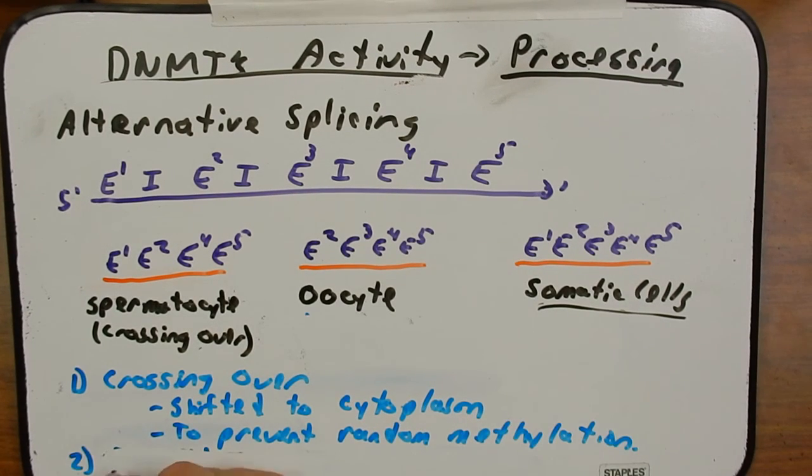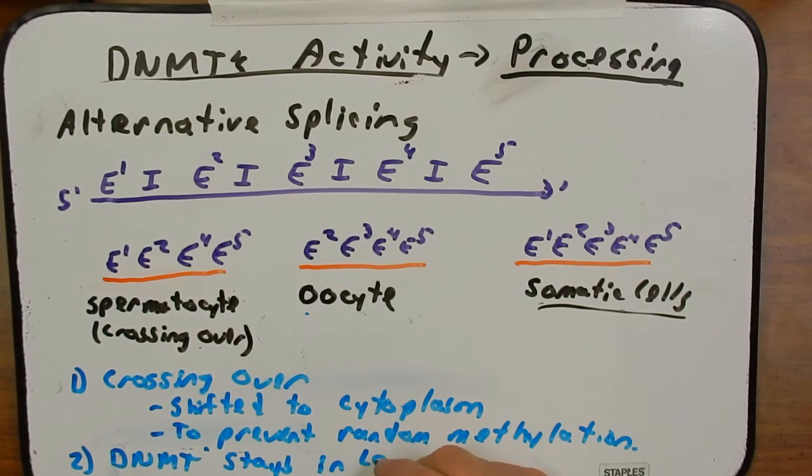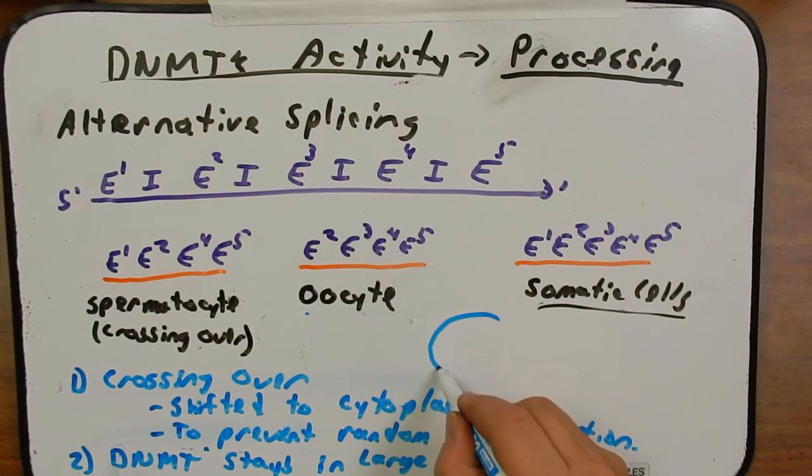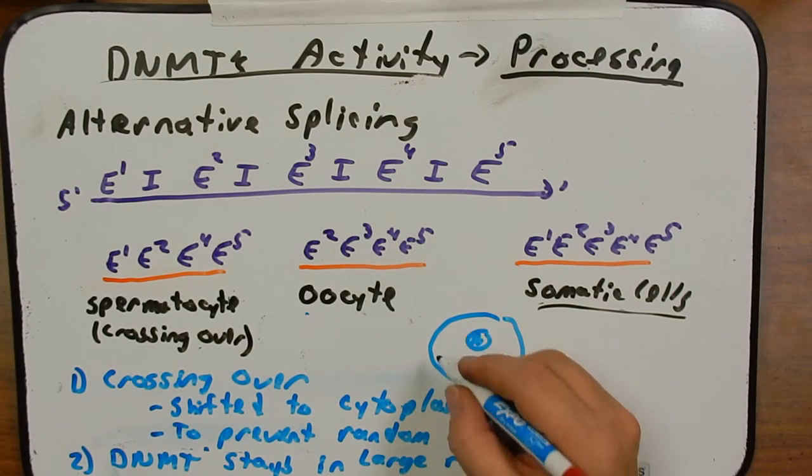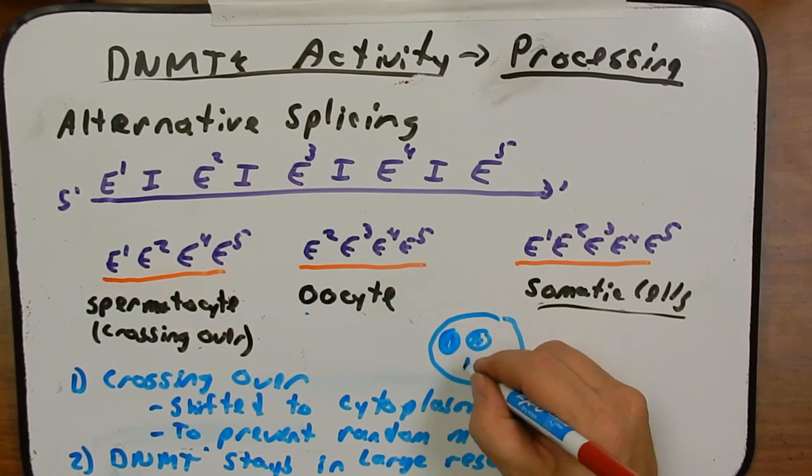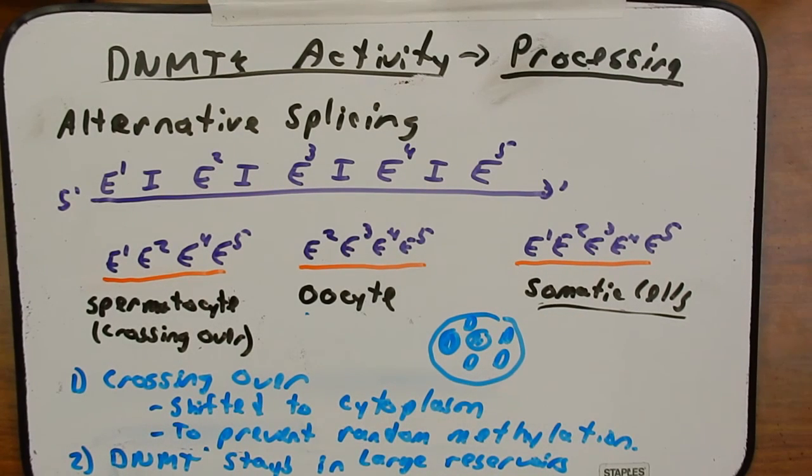So the next point I want to make is that DNMT stays in large reservoirs in the cytoplasm. So you have the oocyte here with the nucleus, and the DNMT forms these large pockets of concentrated DNMT in the cytoplasm. We don't know really why, but if you think about when this egg gets eventually fertilized and starts to grow as a young embryo, it's going to divide really fast, because that's what embryonic cells do.